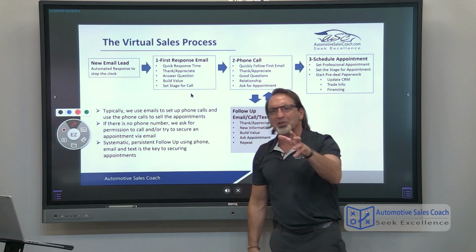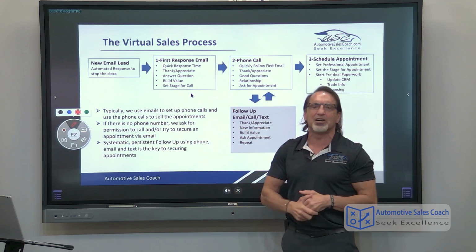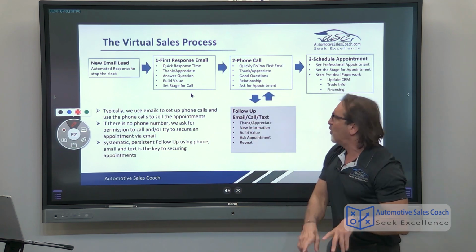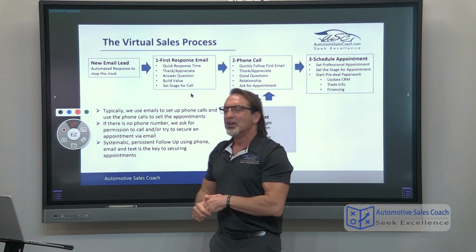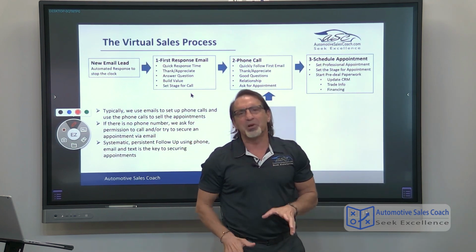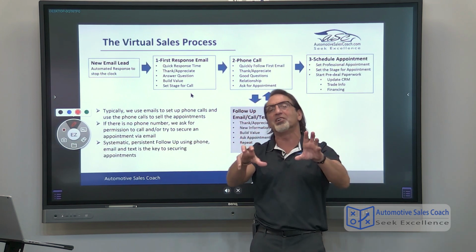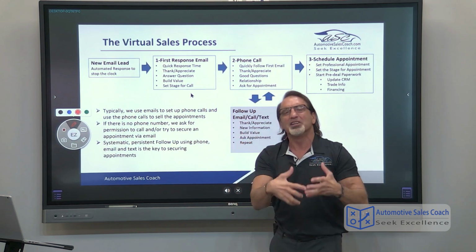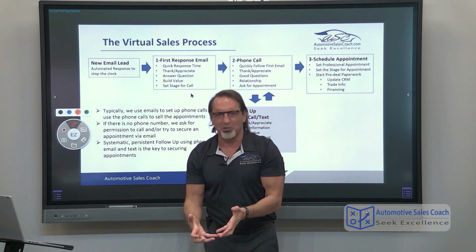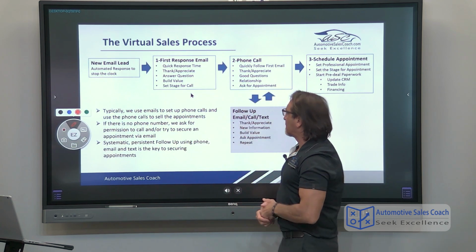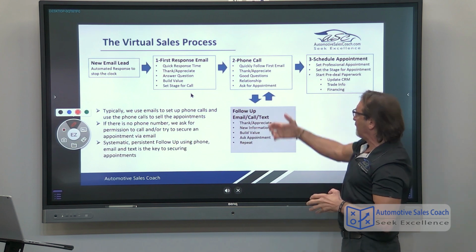Thank them, appreciate it, always answer the question, always look for an opportunity to build value, and of course, set the stage for the call. Now, later in this module, we have lessons on how to write a great email, how to read their email, and how to send back an email that will get you that phone call, right? But that's what we want, that first response email, and hopefully that sets up the phone call.